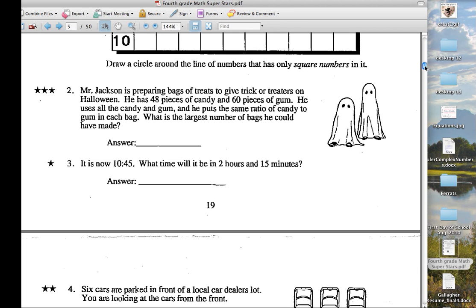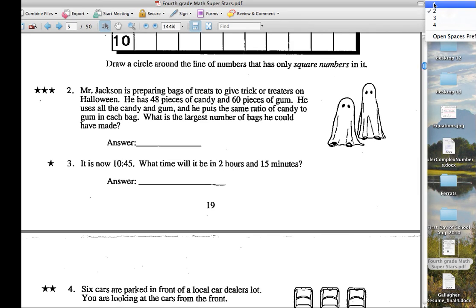Well, there are some assumptions made in this problem, for example, that he's not cutting pieces of gum or pieces of candy into smaller pieces. So we're assuming he's putting whole pieces of candy and gum, and he puts exactly the same number of pieces of candy and gum in each bag.